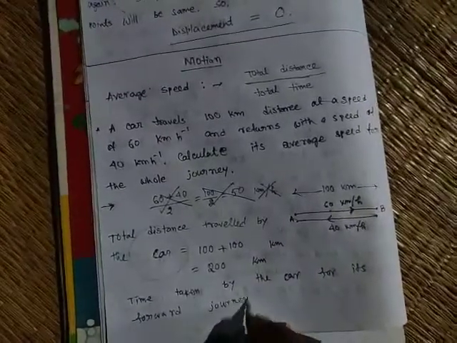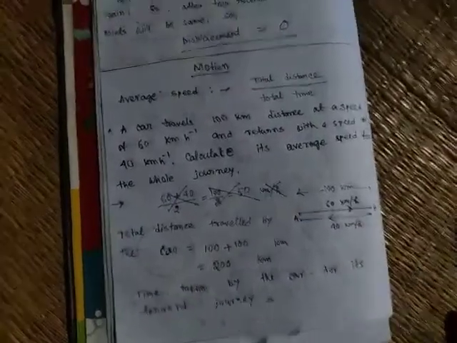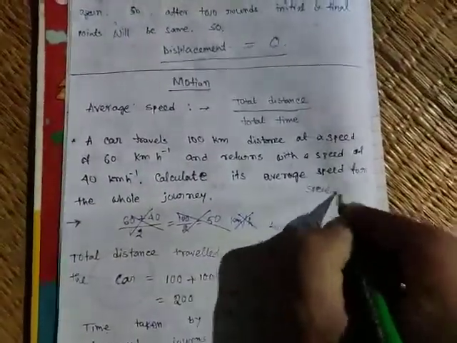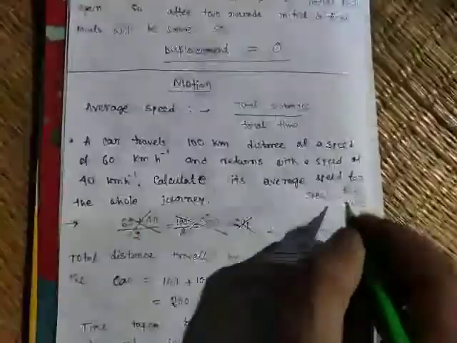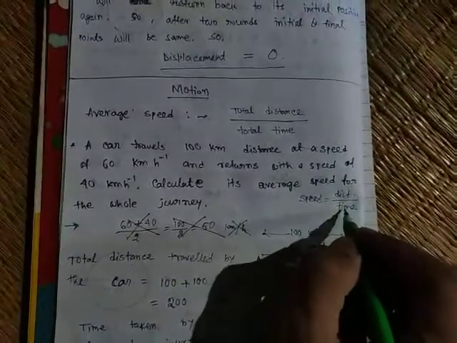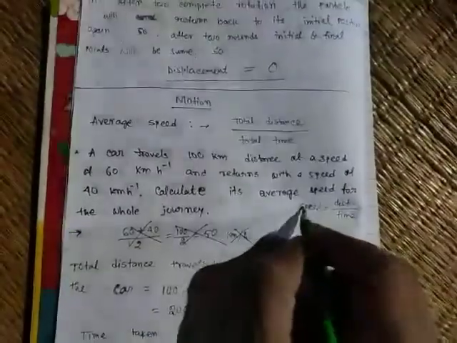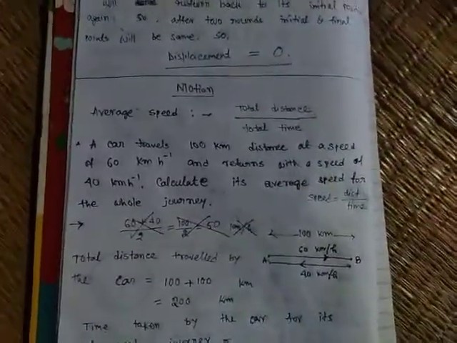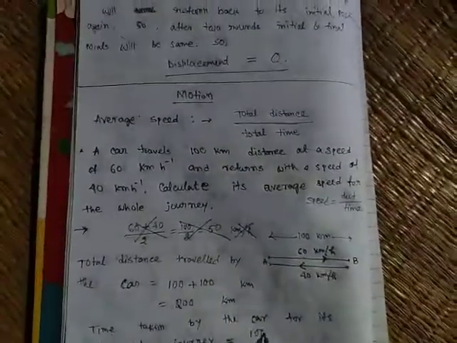Is equal to, what is the formula for the time? Here I am writing, speed is equal to distance upon time. So from this formula we can write time is equal to distance upon speed. A to B, what is the distance? 100.